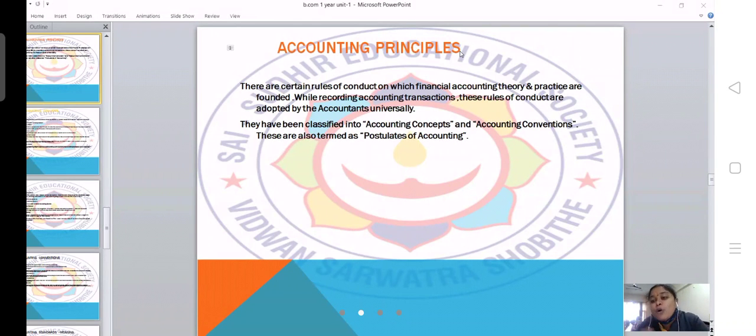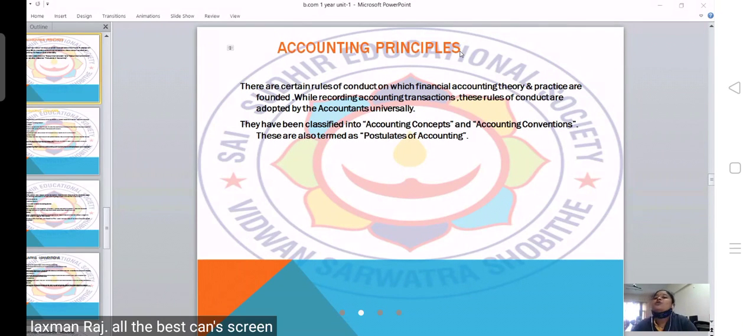Because only the accountant is going to prepare your accounting. Who will prepare the journal, ledger and all this? Only the accountant. So the accountant should know about the principles, the rules and the conditions which have to be followed while preparing financial accounting. What the rules are, how they are divided, and what the different rules are, we are going to discuss in this topic.